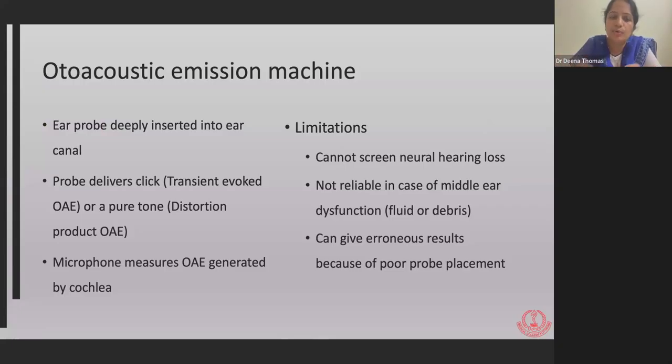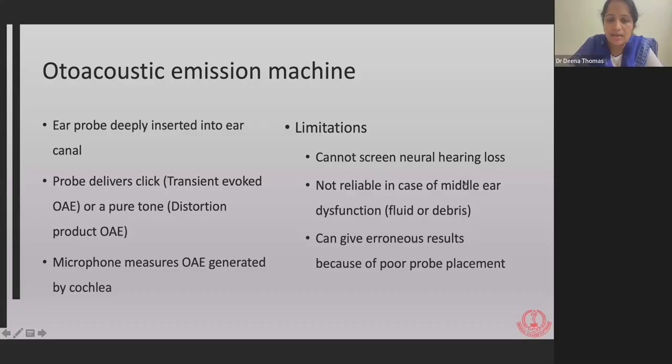The transient evoked OAE machine uses clicks to see what is reflected back from the cochlea. And the distortion product OAE machine uses two pure tones at different frequencies. It is more extensive and more specific, but most units have the transient evoked OAE machine, which can be used bedside. The microphone measures the OAE generated by the cochlea.